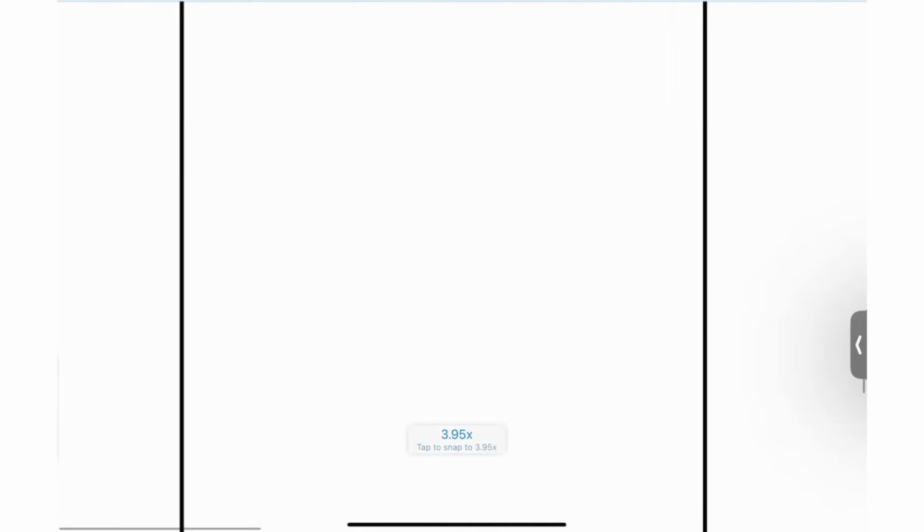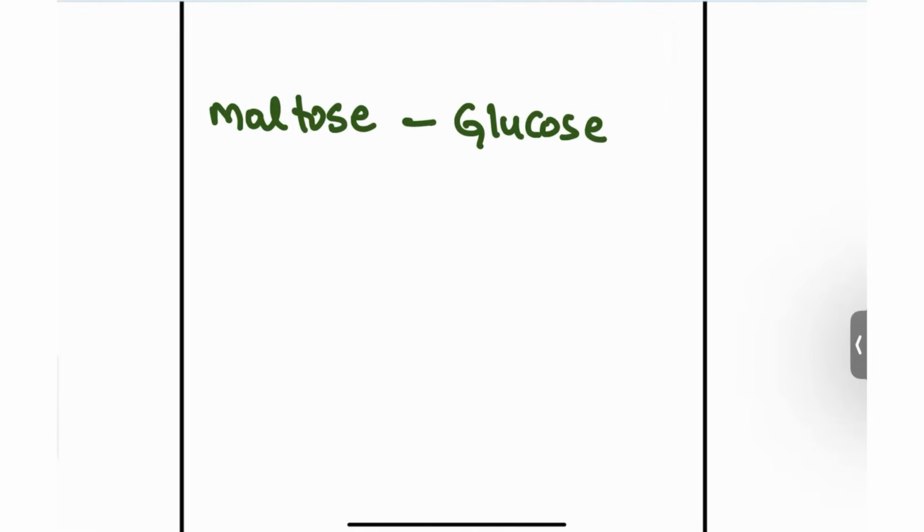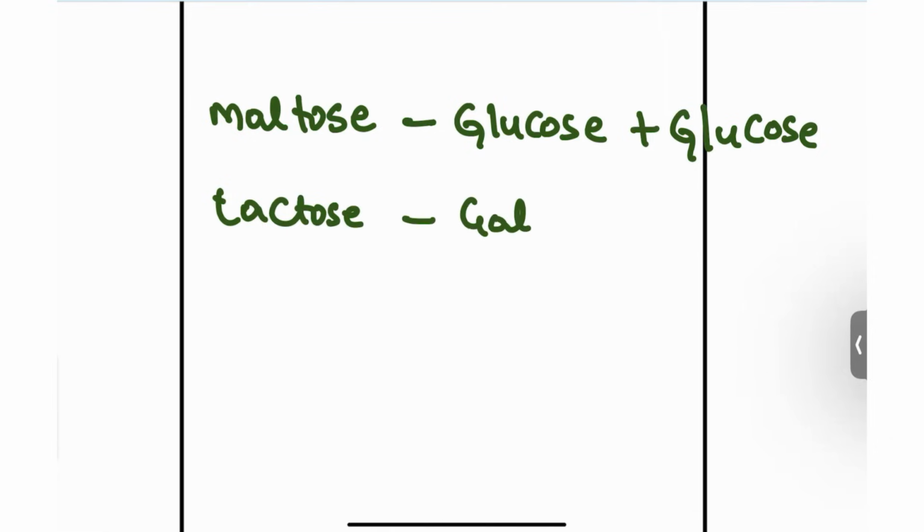When you break down maltose, what are the monomers, guys? Glucose plus glucose. When you break lactose, it gives galactose plus glucose.